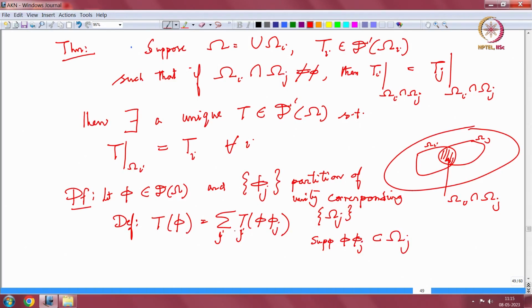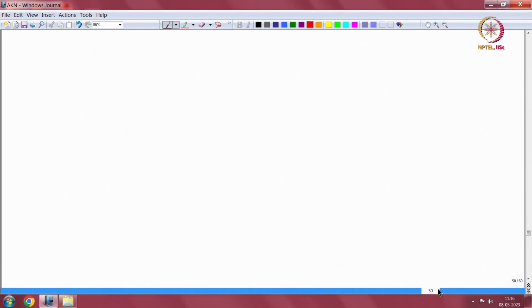So, this is well defined. Again, due to the locally finite partition, this is a finite sum, because it can intersect only finitely many. For the others, T j of phi phi j is 0 except for finitely many. These conditions follow immediately.